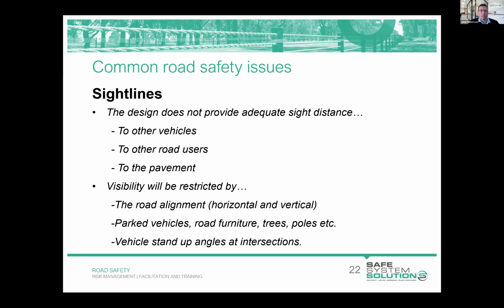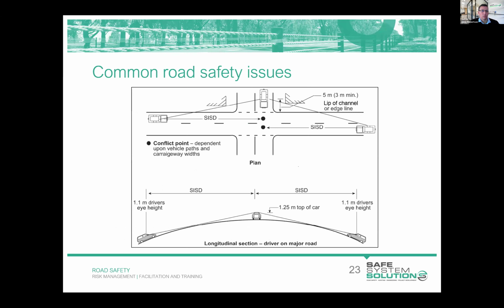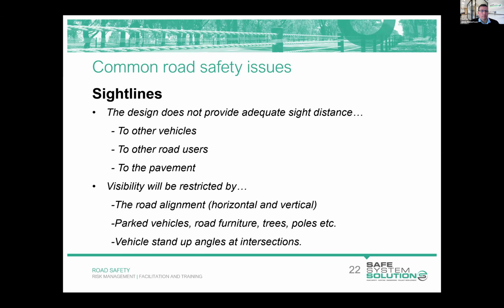So we have sight distances between vehicles, pedestrians to vehicles, and from driver eye to the road pavement, and so on. And it's often the case that the required sight distance is restricted in some way.